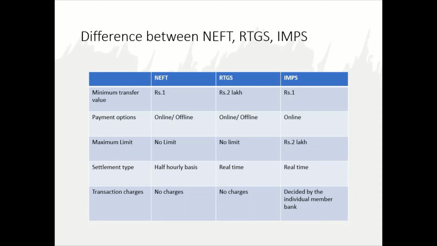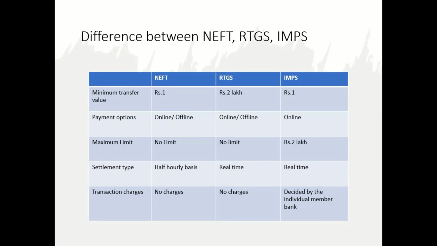In that case, the individual can deposit the cash in the bank, which is NEFT and RTGS enabled, and provide the details of the beneficiary, that is the beneficiary's name, account number, and IFSC code of the beneficiary's bank. After providing these details, the individual can transfer the money to the beneficiary.